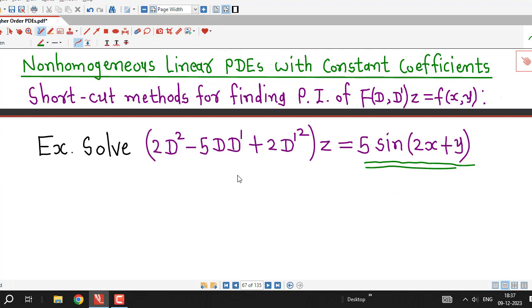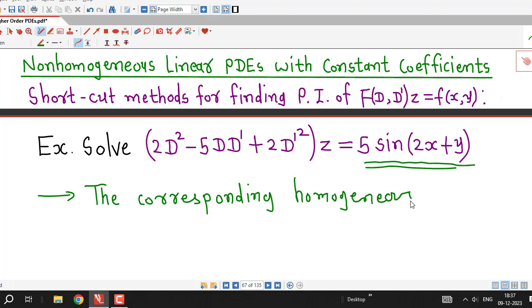As we know, first we have to solve the corresponding homogeneous differential equation. So first I am writing the corresponding homogeneous partial differential equation to the given equation.